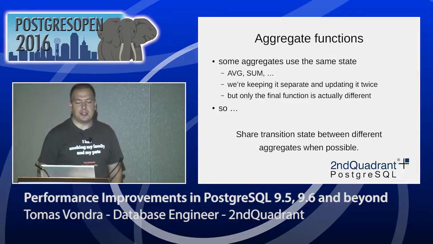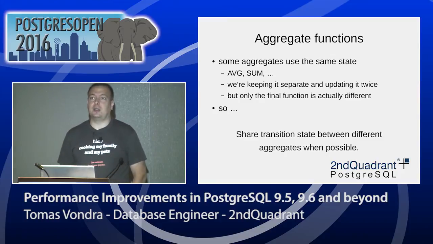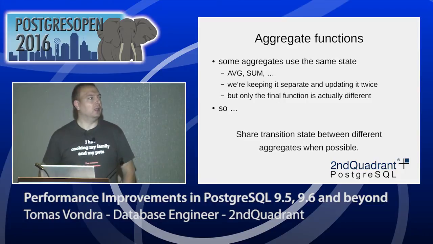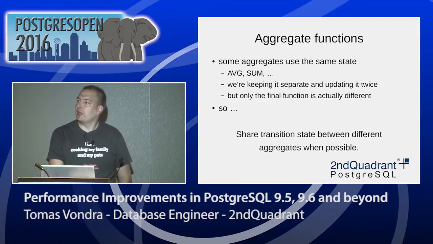So 9.6 actually is able to identify those cases and say, well, I don't really need to compute those states independently. I will only do the final computation from the intermediate results to the final result differently for them. Which means we don't need to use memory, we don't need to use CPU cycles, and so on.